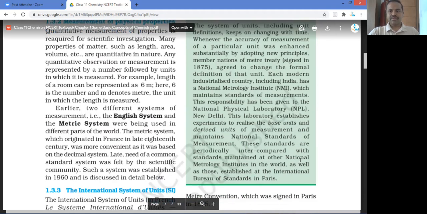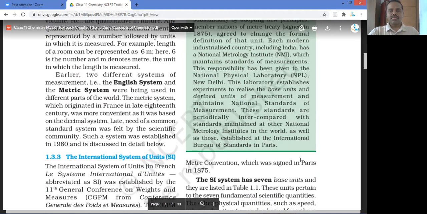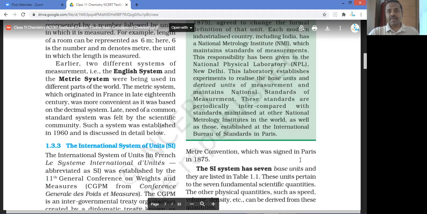It establishes experiments to realize the base units and derived units of measurement and maintains national standards of measurement. These are very important because various industries produce and sell various products, and the government also has inspection teams. In order for all to speak the same language, national standards of measurement are very important.